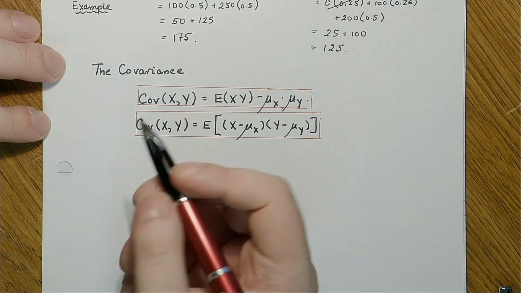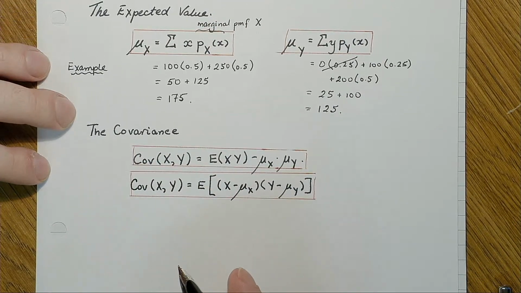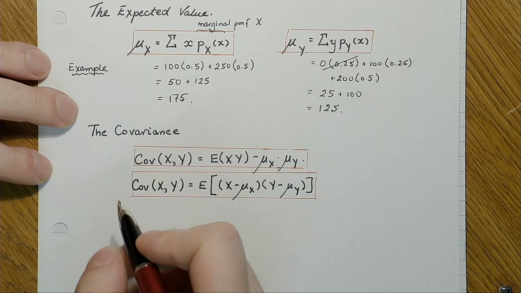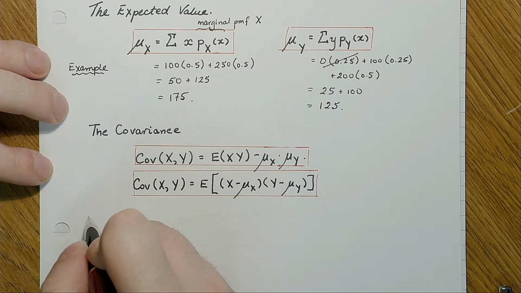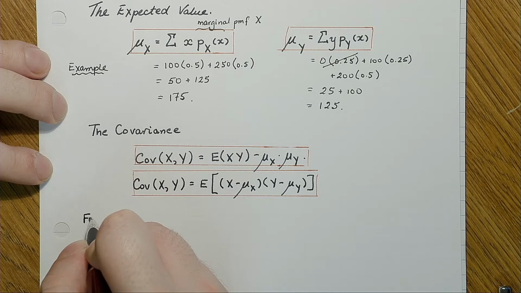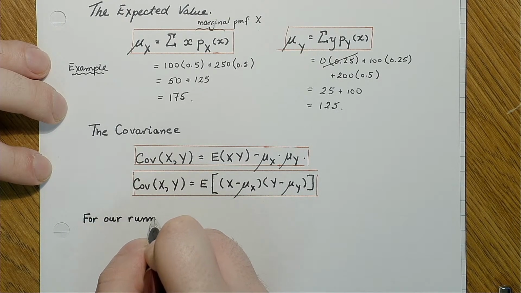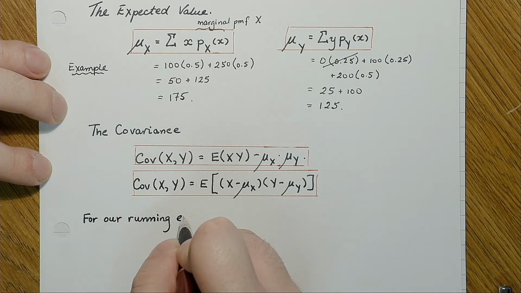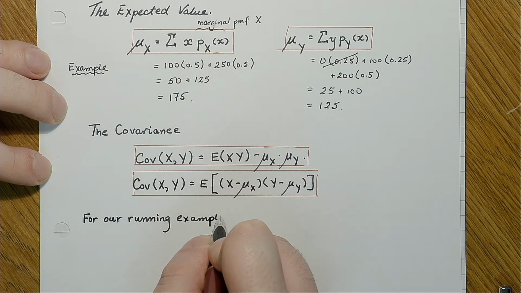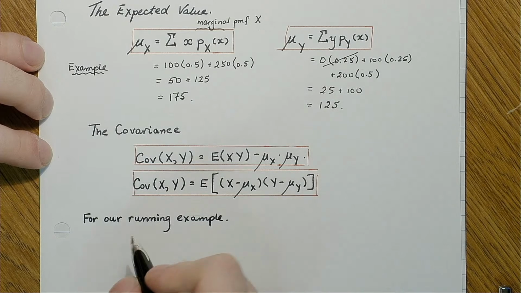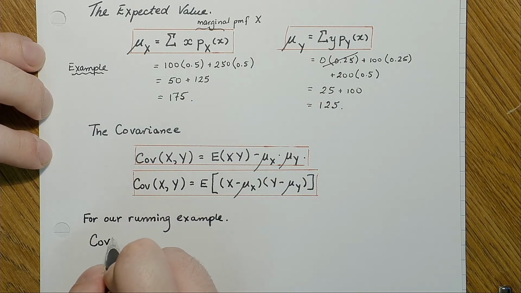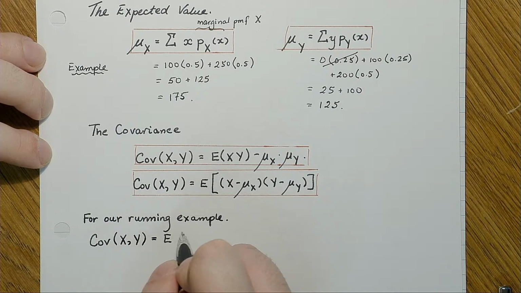So for our example, I should try to keep the expected values up there. So here's our definition.